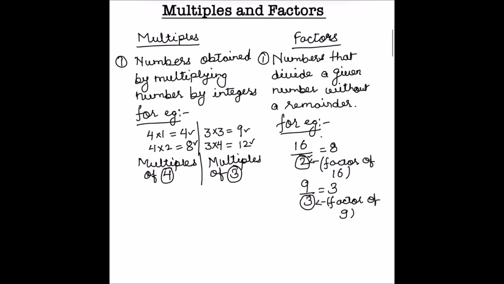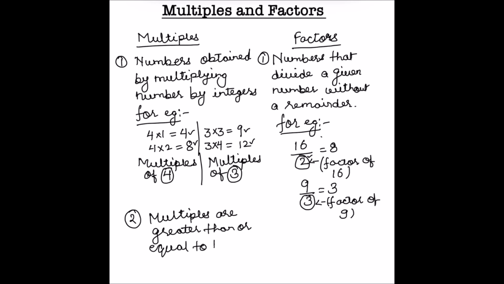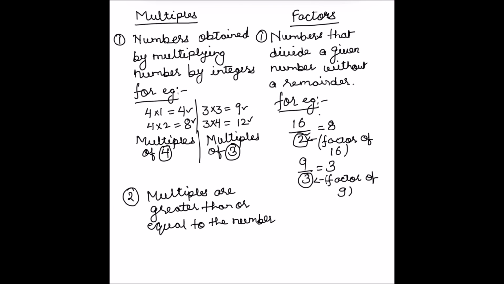Here the factor of 16 is 2 which is less than 16 and the factor of 9 is 3 which is less than 9. So factors are usually less than or equal to the number. So our second difference will be multiples are greater than or equal to the number, and factors are less than or equal to the number.